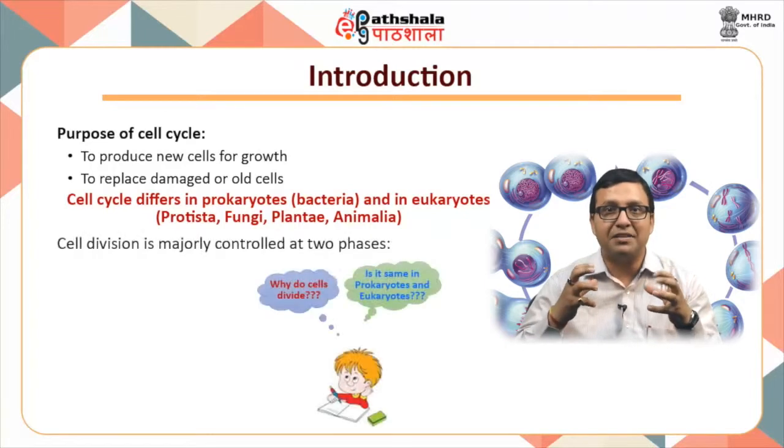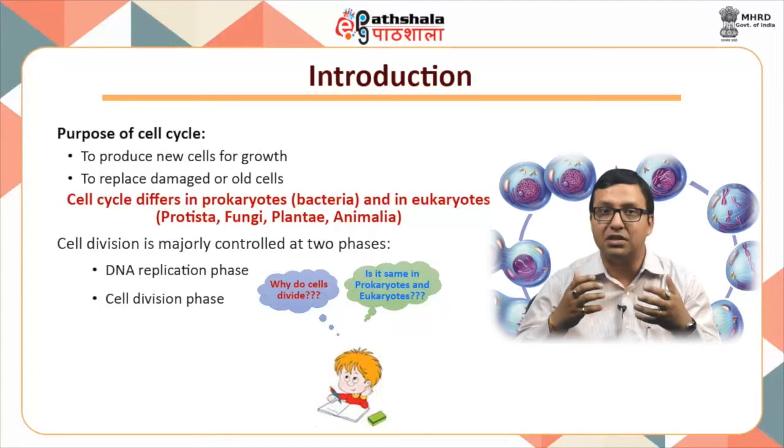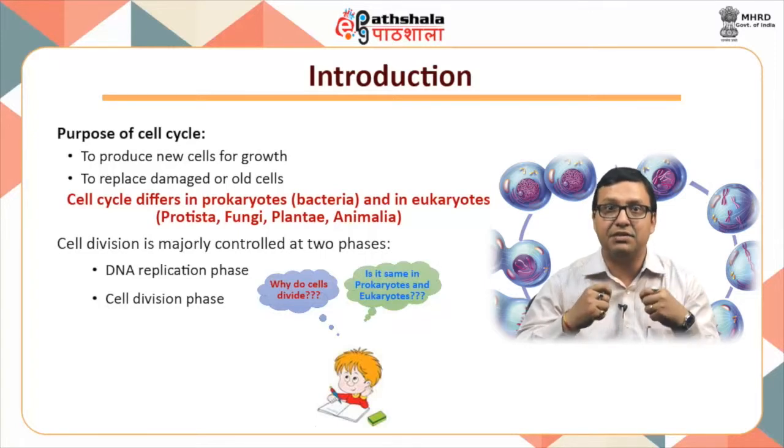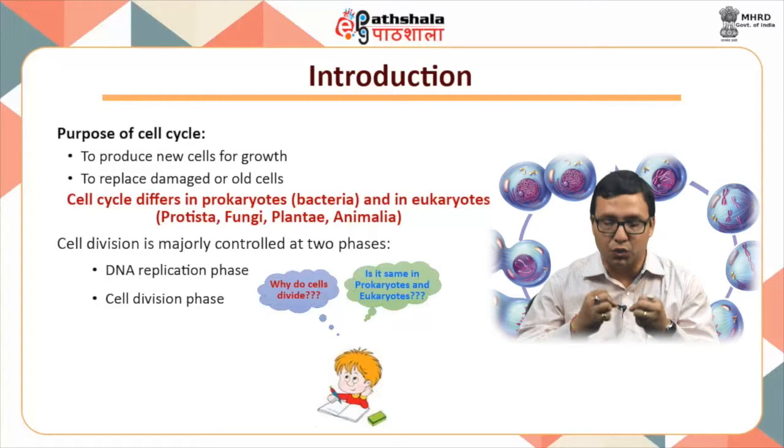There are two major phases of the cell cycle: number 1, DNA replication, and number 2, the cell division phase. In the DNA replication phase, the parental DNA is copied, and in the cell division phase, the cell divides its components equally into two daughter cells.